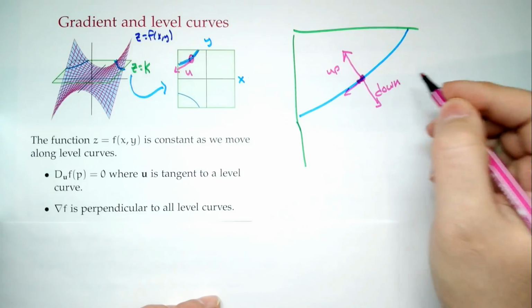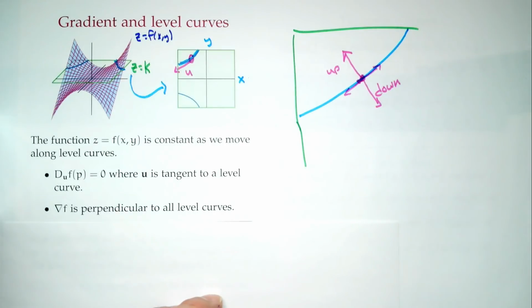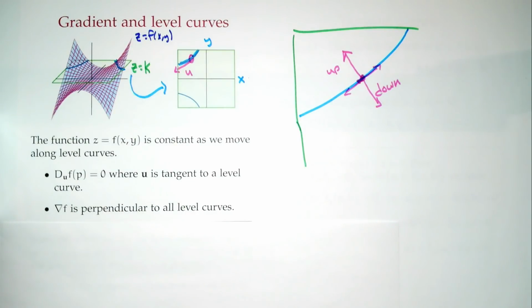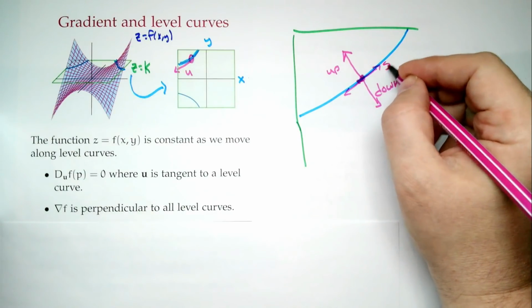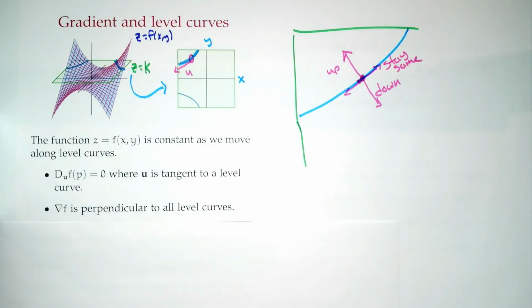And if I just want to chill and hang out, I stay parallel to the level curve. So I said perpendicular to the gradient. I should have said perpendicular to the level curve. Up, down, stay the same. Okay, so that's our basic philosophy.